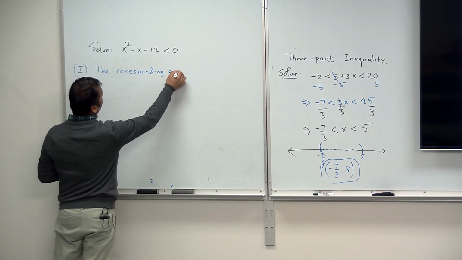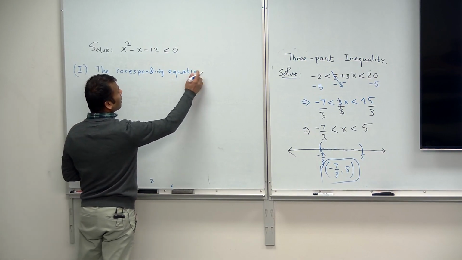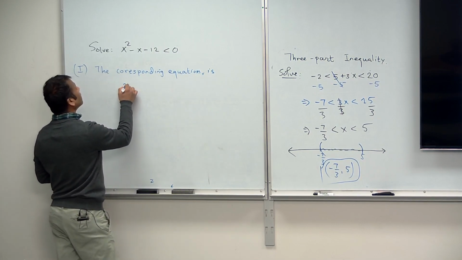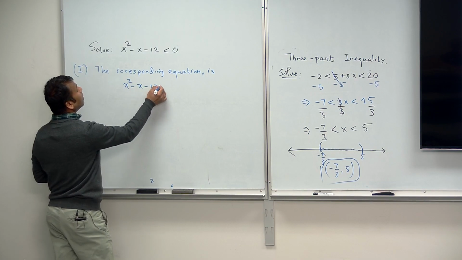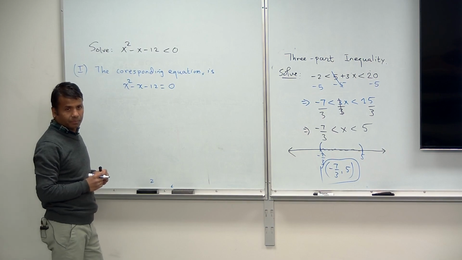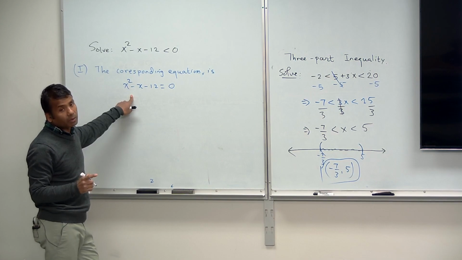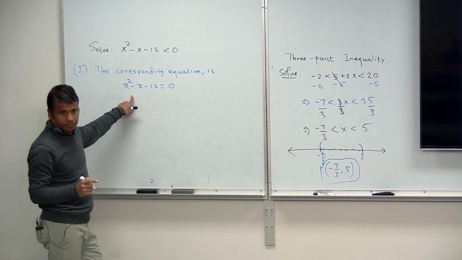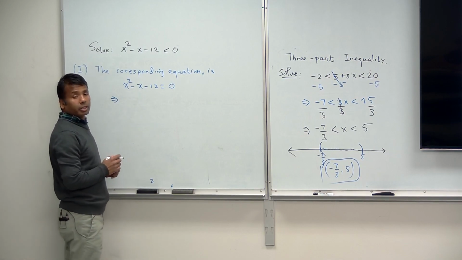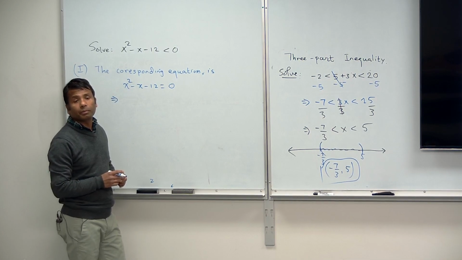You know how to make an equation, right? You just replace the inequality sign by an equal sign. The corresponding equation is x squared minus x minus 12 equal to 0. Does that make sense? Then you solve it and get the values of x. You know how to solve it, right? So what are the factors of x squared minus x minus 12?